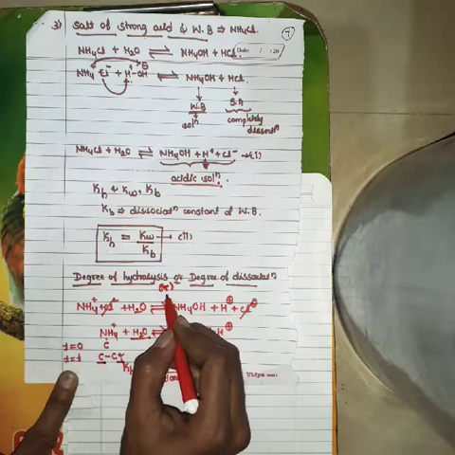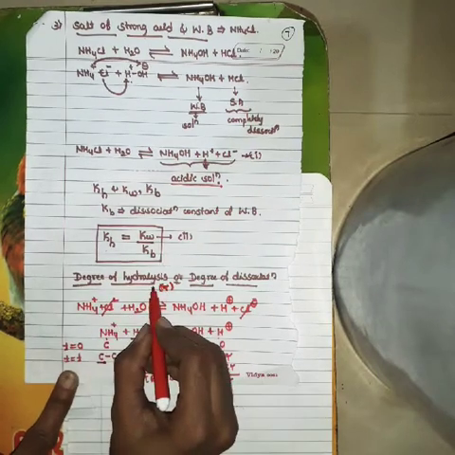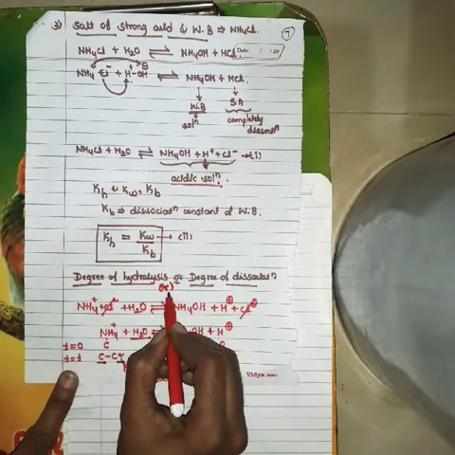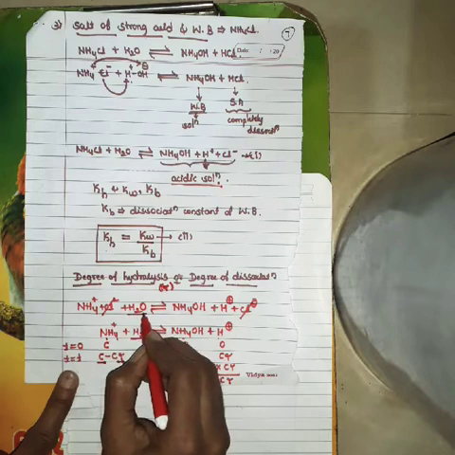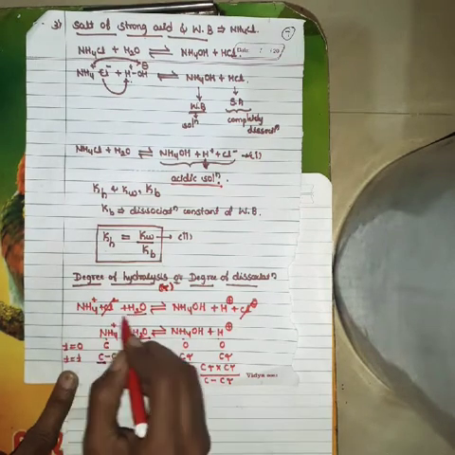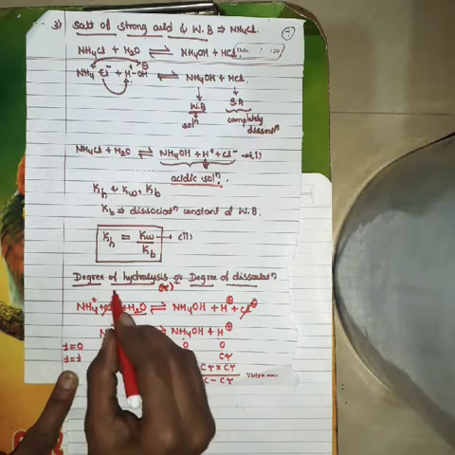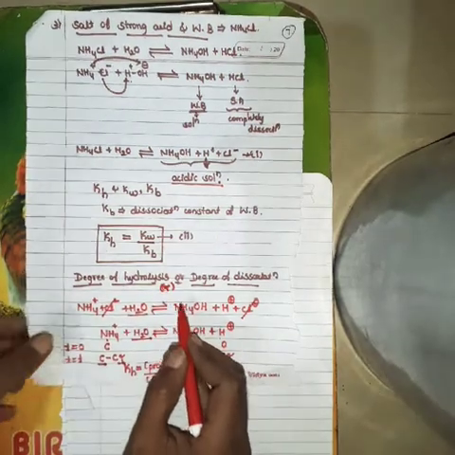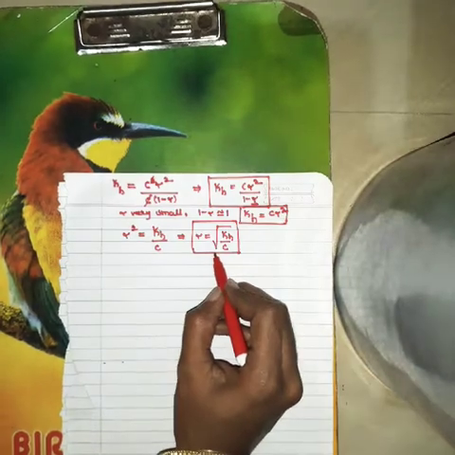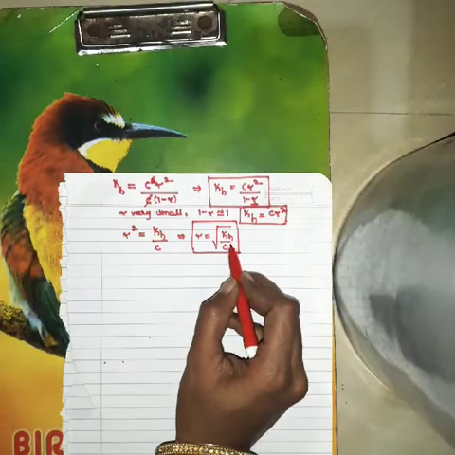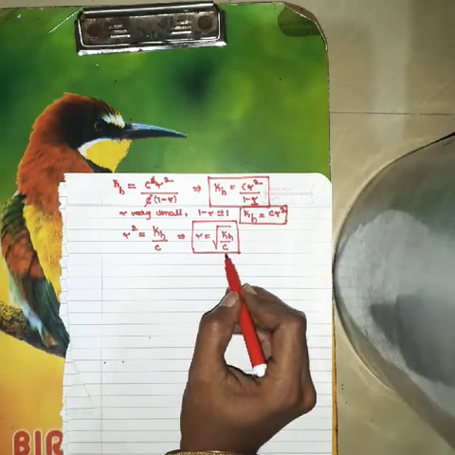I explained this in the last class. Therefore alpha is equal to the square root of Kh divided by C.